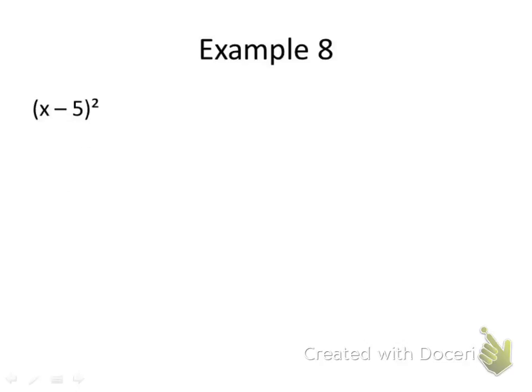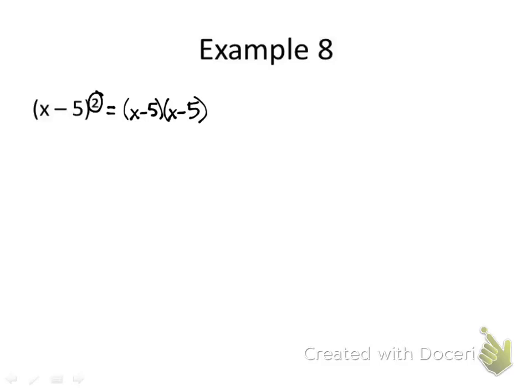All right, here's number 8. What does this little 2 mean? You're going to write this out 2 times. Then you're going to double distribute like we've been doing.